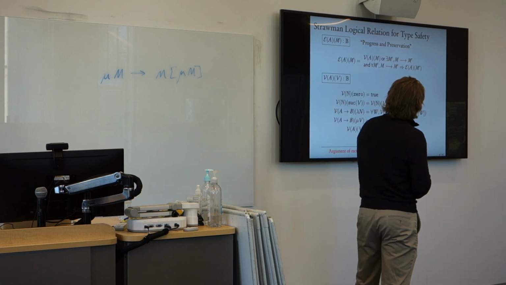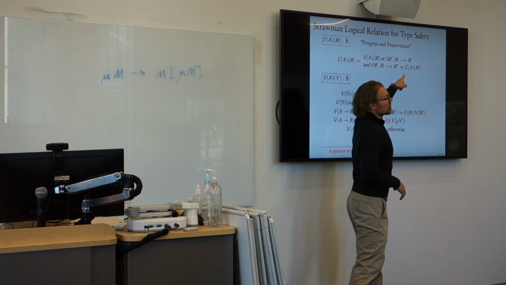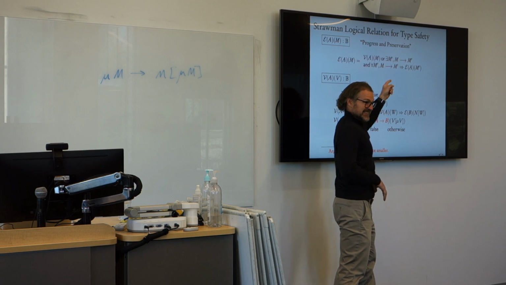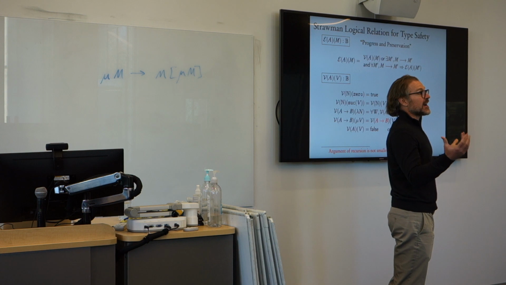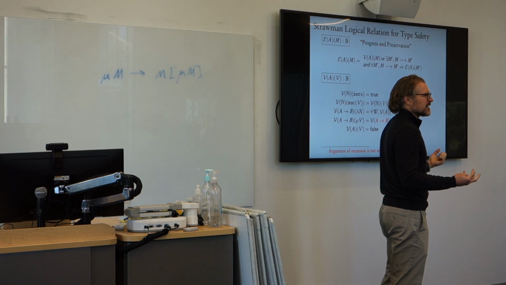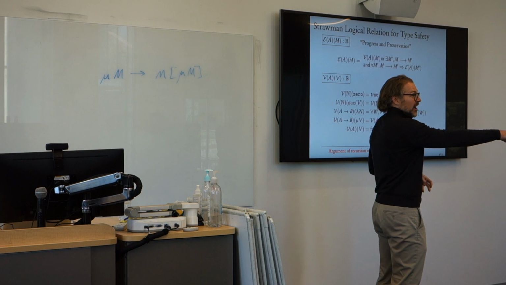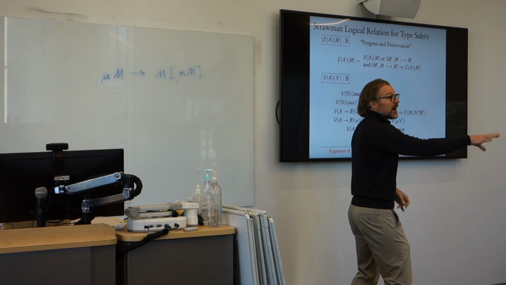But the right-hand side uses E of A. Yes. So what does it mean by that, right? So this is a recursive predicate. And we have to now worry about whether it's a well-defined recursive predicate or not. Yeah, so hold that thought. So this is not defined yet, right? That's fine, yes.